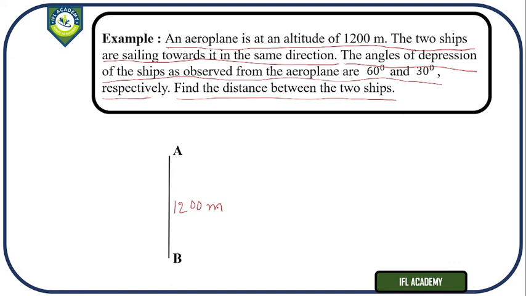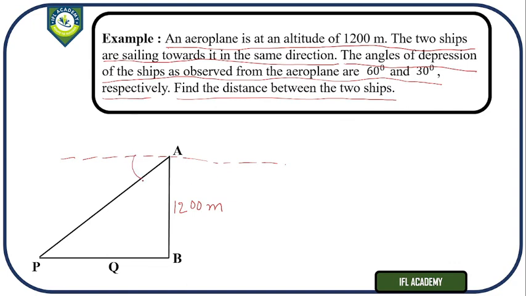Now consider two ships at points P and Q. So the angle of depression of ship at point P from the point A will be this one. Draw a horizontal line. This is the angle of depression of ship at point P from point A. Okay, and angle of depression of ship at point Q from the point A will be this one.